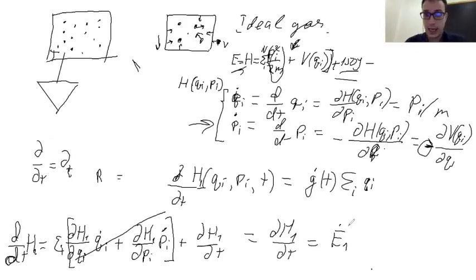This is an example of a non-isolated system, because there is some beam which can arbitrarily in time modify this acceleration constant explicitly, not by acting on q_i, p_i directly, but through this additional term in the Hamiltonian.